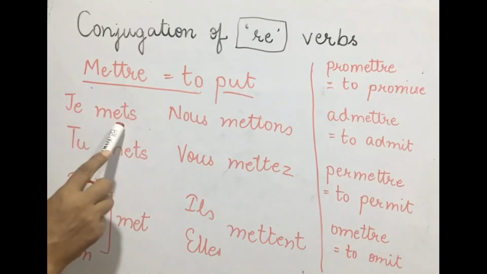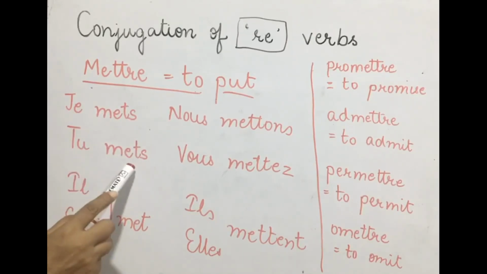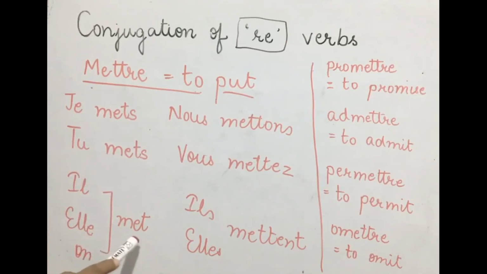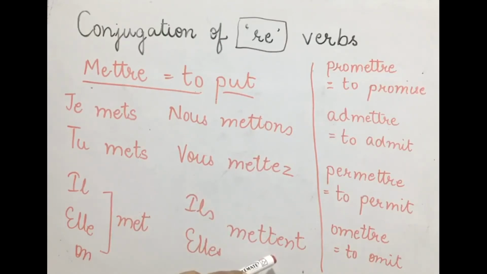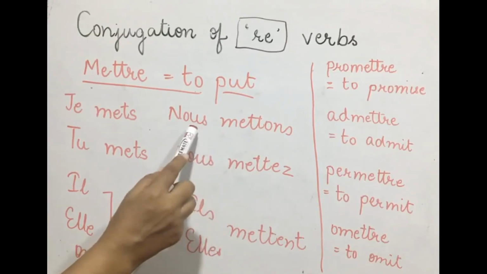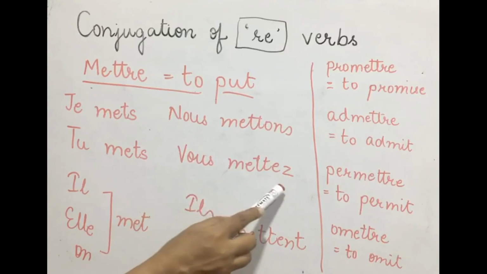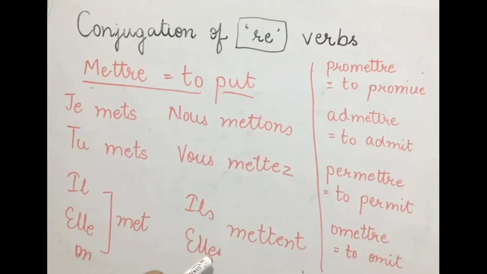It is je mets, tu mets, il, elle, on met. Okay, but here it is again taking double T and following the pattern. That is, nous mettons, vous mettez, ils mettent, elles mettent.